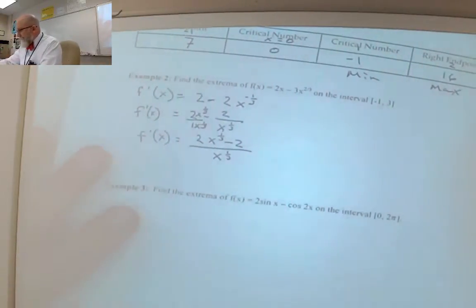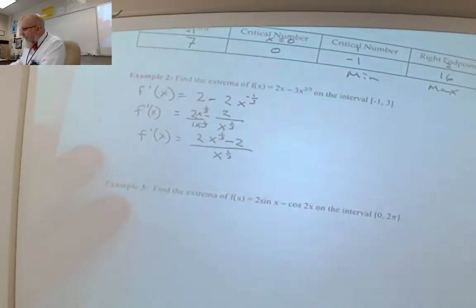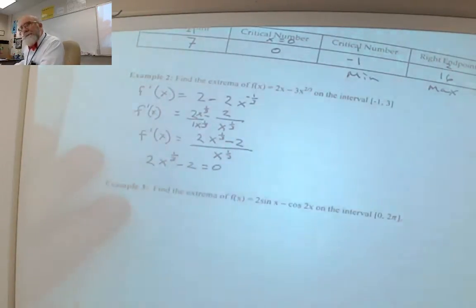Now, what I'm going to do is I'm going to let the numerator be equal to 0, and I'm going to solve for it.